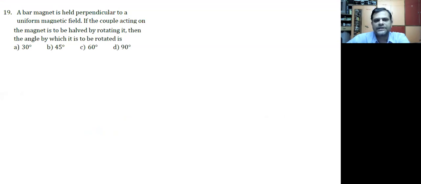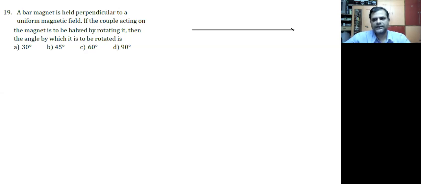A bar magnet is held perpendicular to the uniform magnetic field. If the couple acting on the magnet is halved by rotating it, then the angle by which it is to be rotated is.